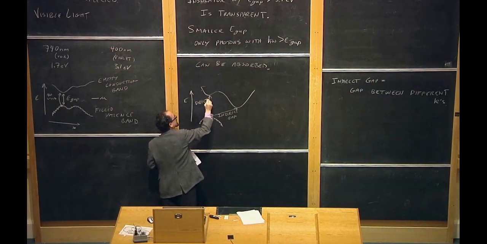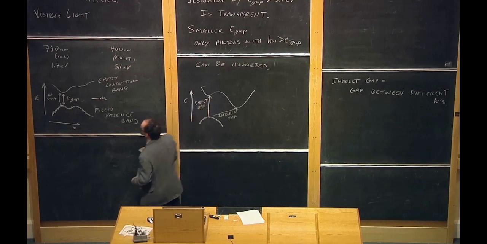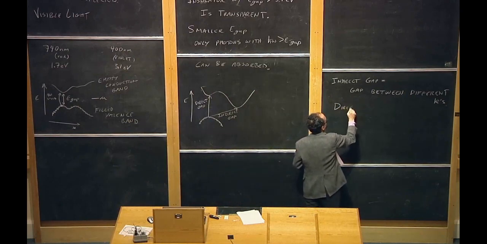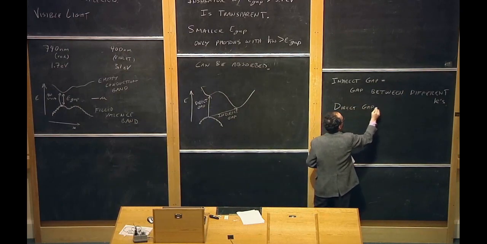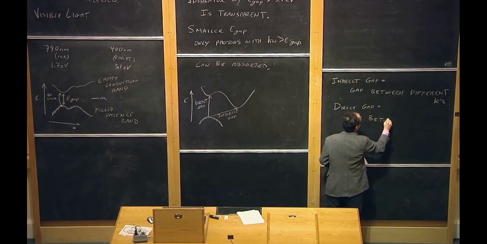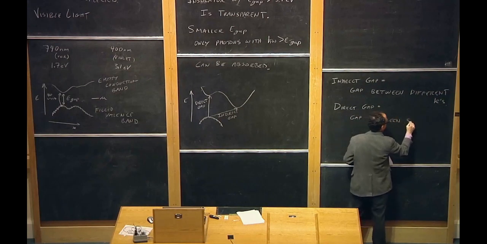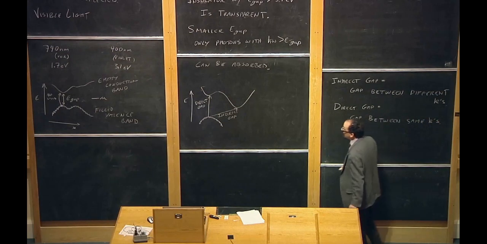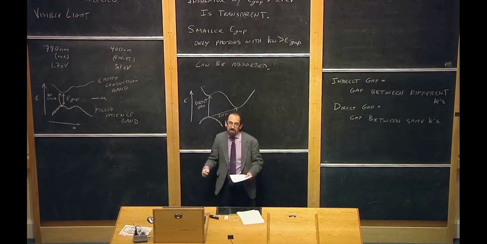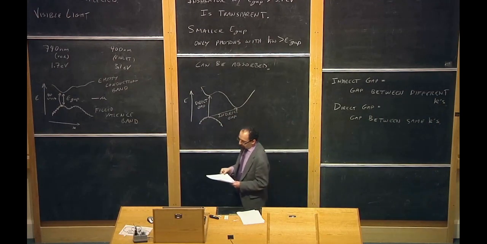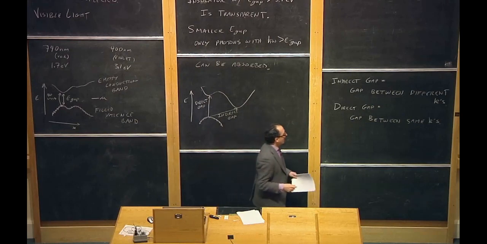I've also drawn a direct gap over here, which is a gap between the same Ks. Direct gap equals gap between same Ks. And it turns out to matter a whole lot for its interaction with light, whether the gap is direct or indirect. And let's think about why this is.